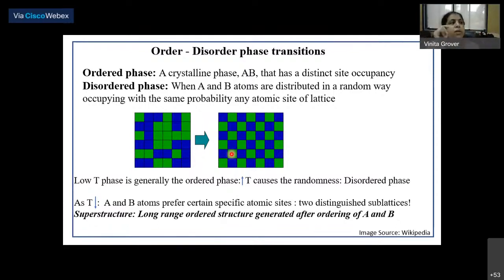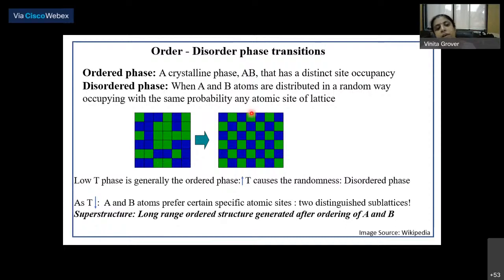If you are able to clearly mark that this is the position of A in my lattice, A is sitting at 0, 0, 0, and B is sitting at half, half, half, that is at the body center, then that particular phase is called the ordered phase. However, if you have mixed A and B, and again, you have that power to see A and B individually.